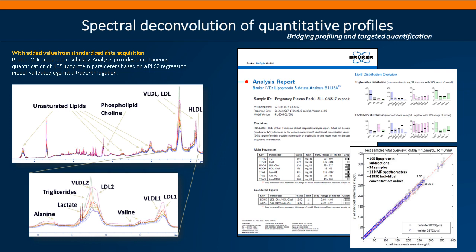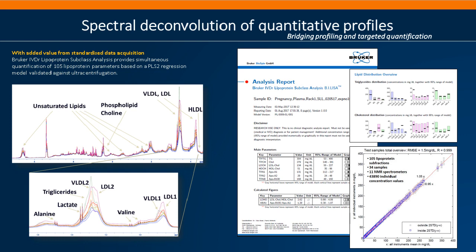But really quite interesting in terms of transforming our platform from an analytical one to a metabolism measuring platform is this new ability to deconvolve those profiles. And by that I mean looking specifically at signals which relate to quantitative measurements.